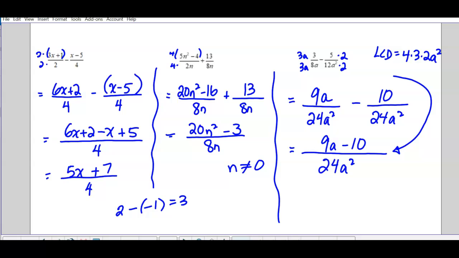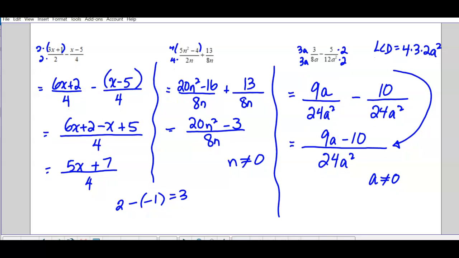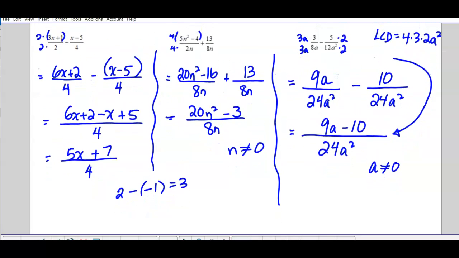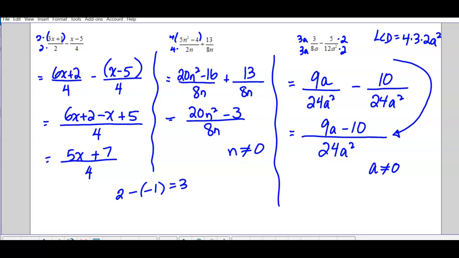Okay. You know, like terms, right? And a can't be 0. There's no adding or subtracting in the denominator, so the only restriction is going to be 0. Okay, we're going to keep going a little bit.